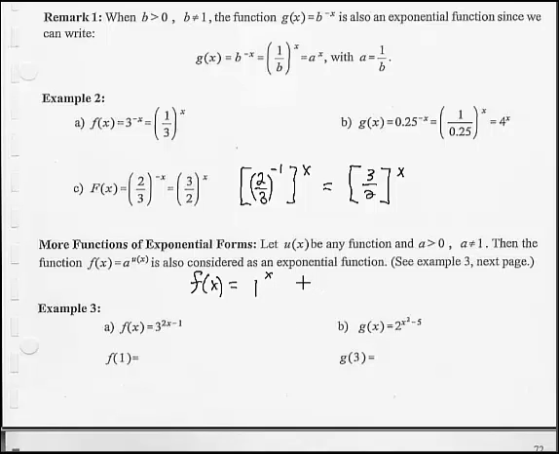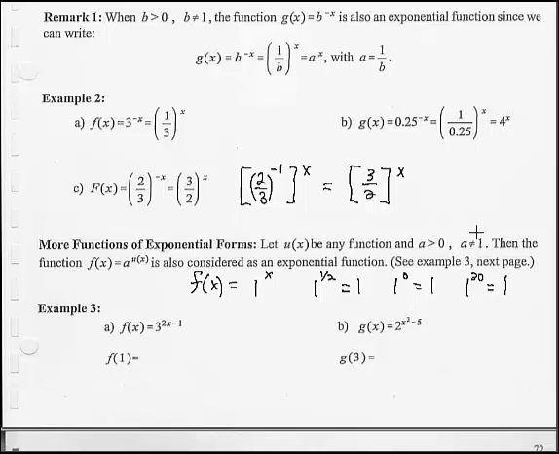So we could put 1 to the 1/2, which is the square root of 1. Well, we get 1. We could have 1 to the 0. Anything raised to the 0 power is 1. We could have 1 to the 30th power.